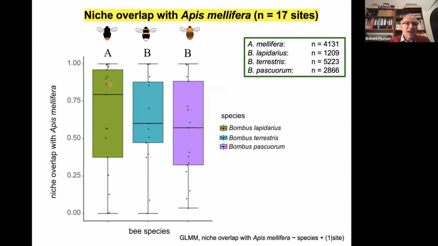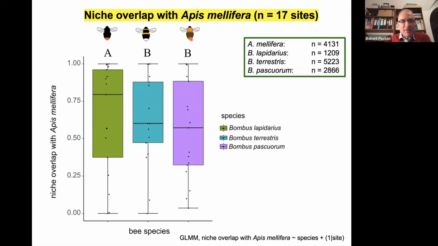So the hypothesis would then be Bombus lapidarius is most similar in its flower visitation to Apis mellifera. We expect that to be the most infected, the prevalence of virus that's in honeybees to be highest in this bumblebee and lowest in this bumblebee species here, Bombus pascorum.